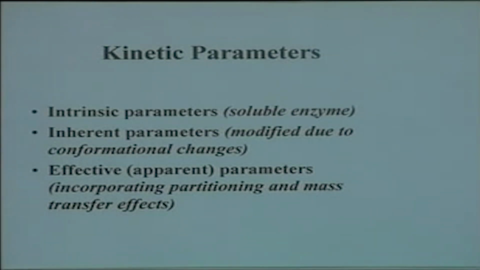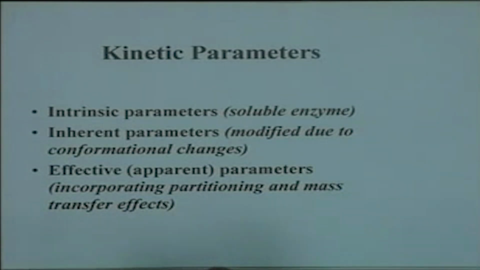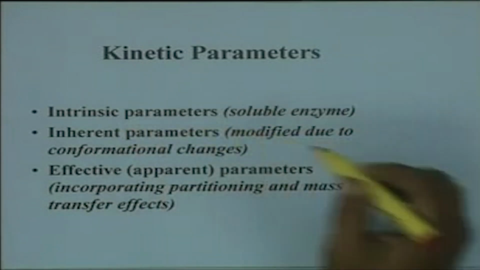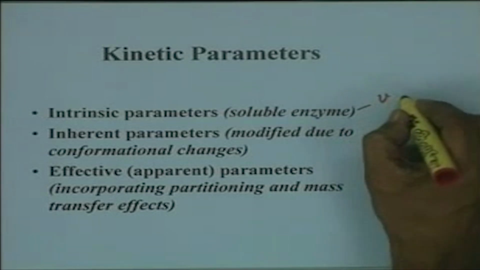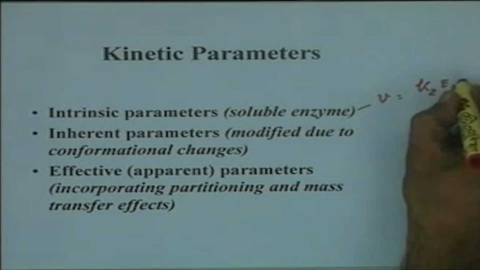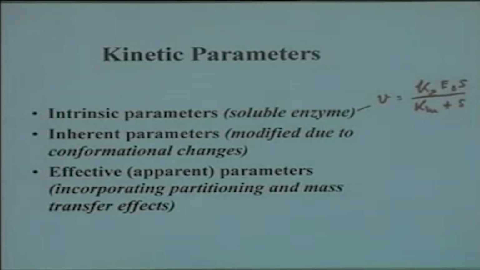One is, we know, the intrinsic parameters, which are the same as those of a soluble enzyme, which means no partitioning, no mass transfer limitations. The sole parameter is the reaction rate, and they are called the intrinsic parameters. And essentially, our classical rate expression, k2 E naught S upon Km plus S, will apply to the situation.